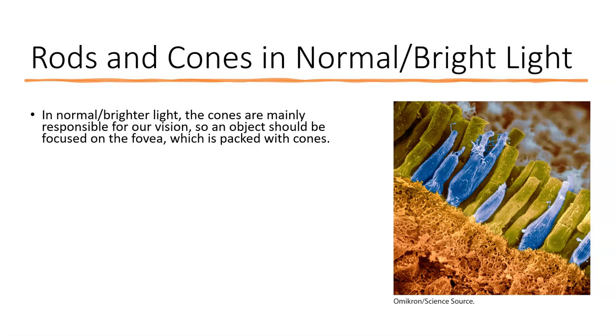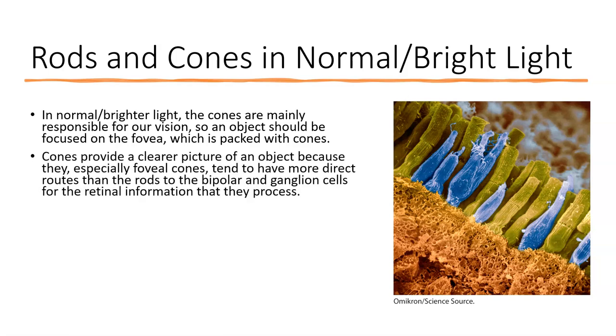So objects that we're attempting to look at are focused on the fovea, which is tightly packed with these cone cells. Cones provide a clear picture of objects because the foveal cones, the cones right there on the fovea, tend to be more direct routes to the visual centers than the rods, bipolar and ganglion cells.